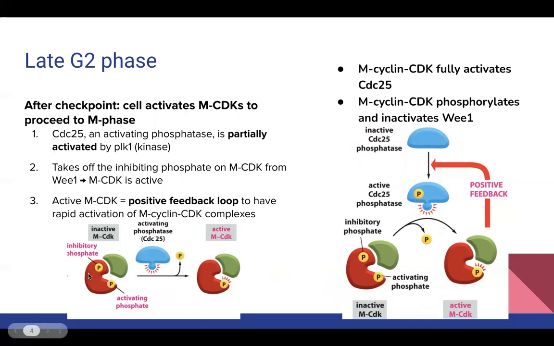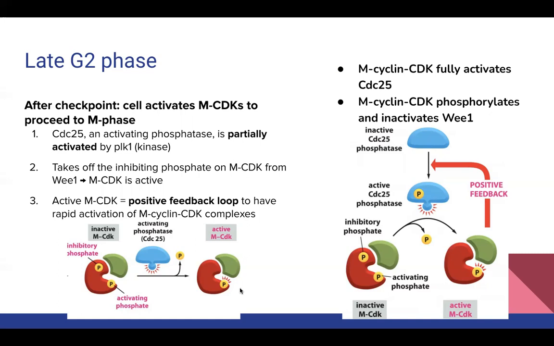And to get it partially active to begin this whole process is going to be by PLK1, which is just a kinase. So it's going to take off that inhibitory phosphate down here on MCDK that was originally put on by our WEE1. And that's this whole process. And now we have active MCDK.